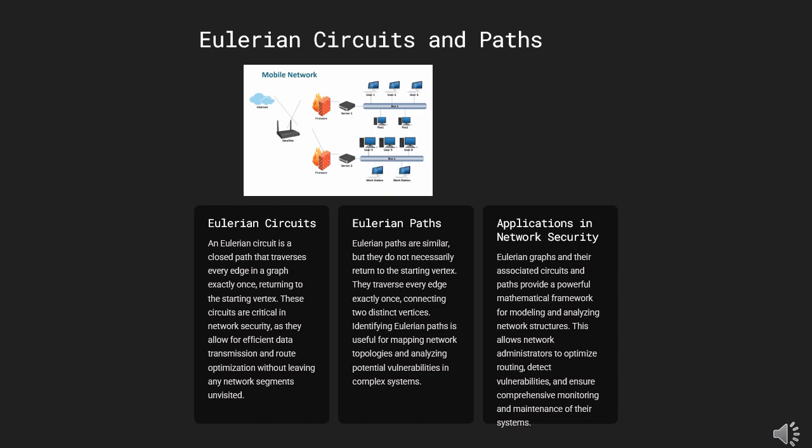Application in network security. Eulerian graphs and their associated circuits and paths provide a powerful mathematical framework for modeling and analyzing network structures. This allows network administrators to optimize routing, detect vulnerabilities, and ensure comprehensive monitoring and maintenance of their systems.